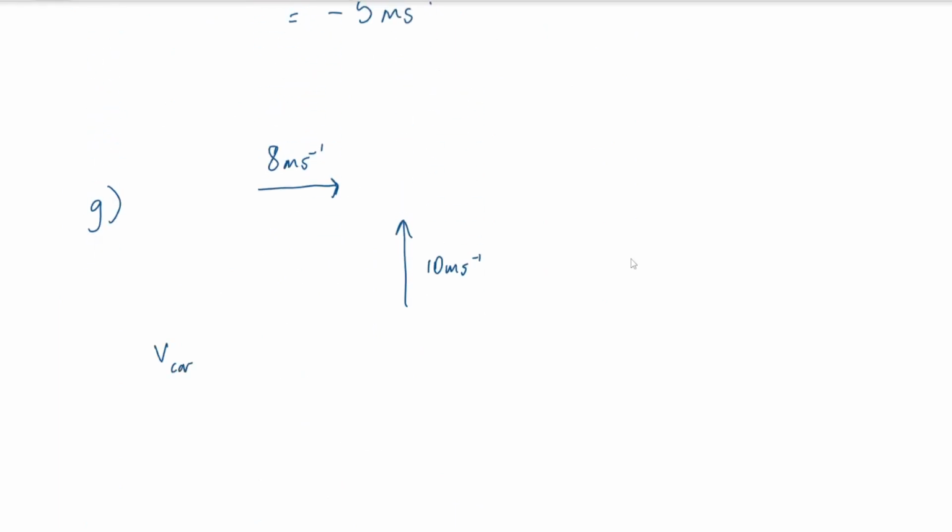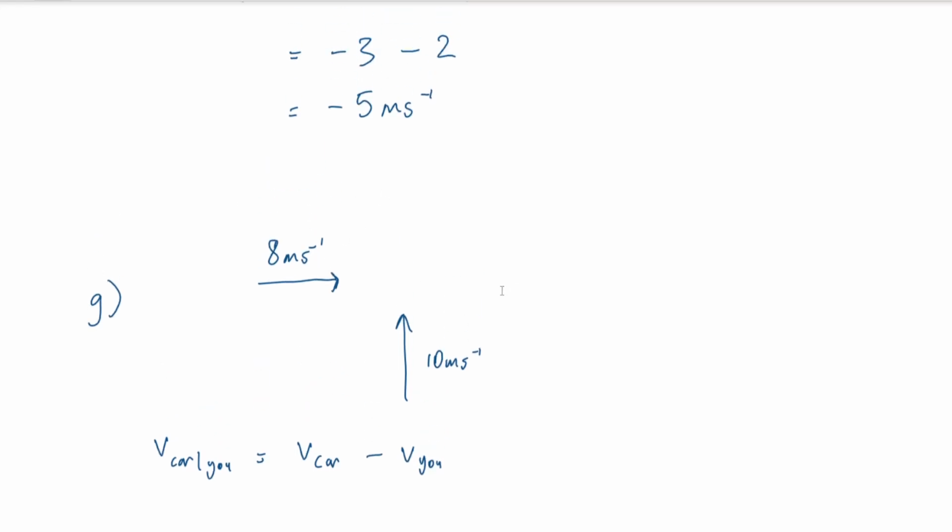So the car relative to your velocity would be the car's velocity take away your velocity. And now we don't have one dimension here, but we will still define which way is positive. In this case we have 2 dimensions, so I'll define right as positive and up as positive.